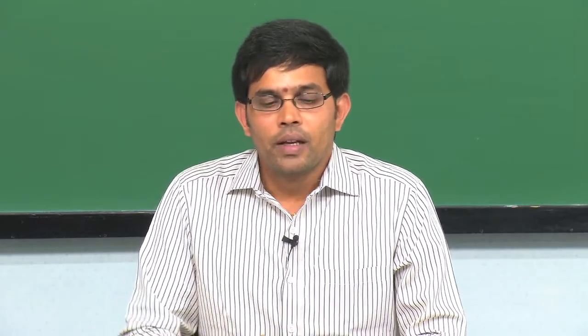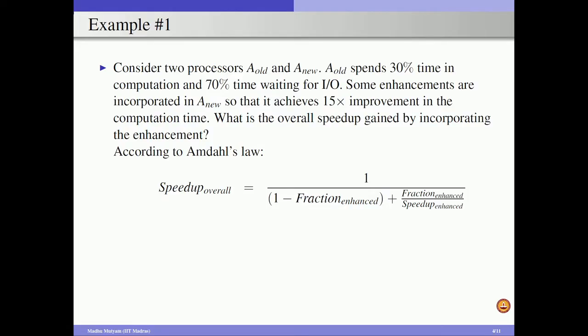For that, we use the Amdahl's law, whatever we discussed in the previous slide. According to Amdahl's law, speedup overall is 1 by 1 minus fraction of enhanced plus fraction enhanced by speedup enhanced. This is effectively like, you can say, 1 by the fraction of component where enhancement is not applied plus fraction of time where the enhancement is considered by the speedup achieved because of the enhancement.